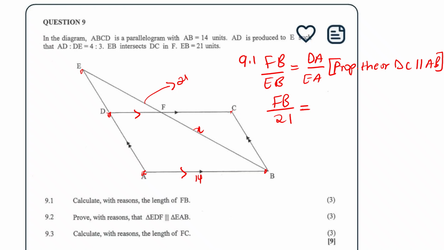Here we are told that AD is to DE. AD is 4P, and DE is 3P, it is a ratio. Therefore DA is 4P over EA, which is 3 plus 4, which is 7P.